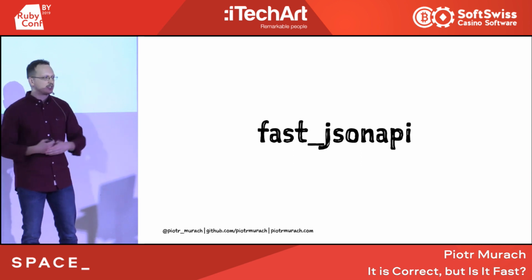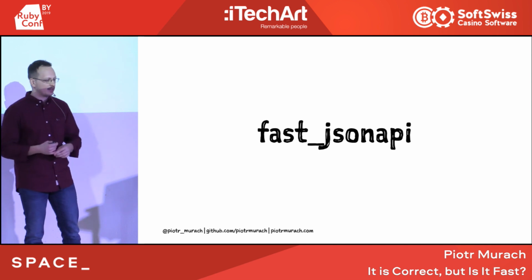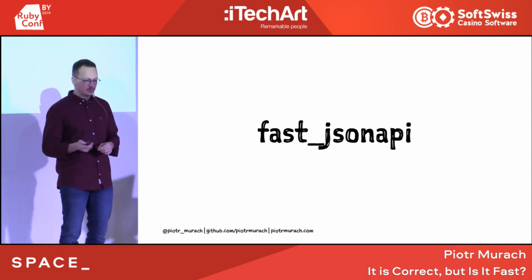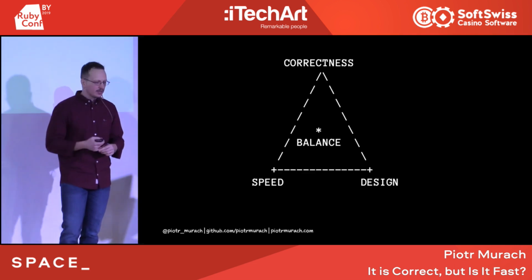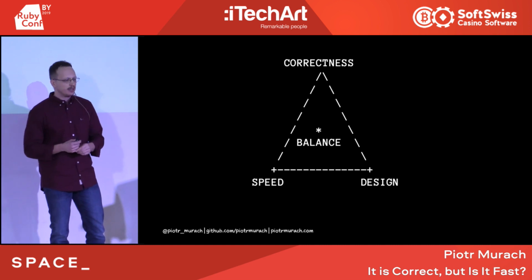And that impacts their design: how many objects you have, how many allocations you have. So it's an important design goal as much as anything. I like to think that there is a balance between all these three things. It's not necessarily designing only for speed, but being cognizant of it.